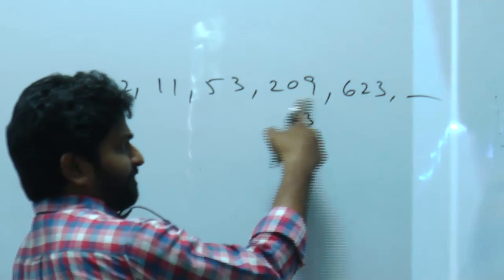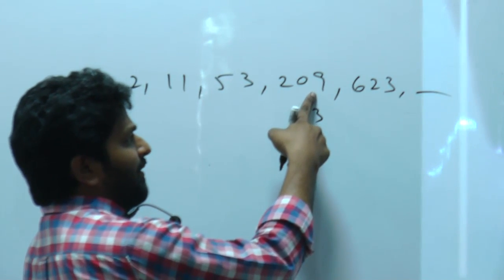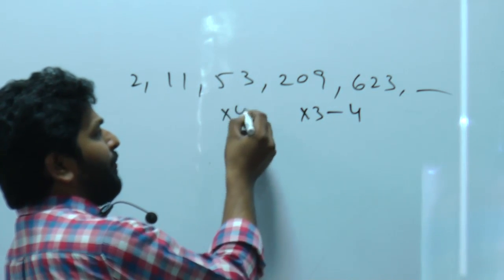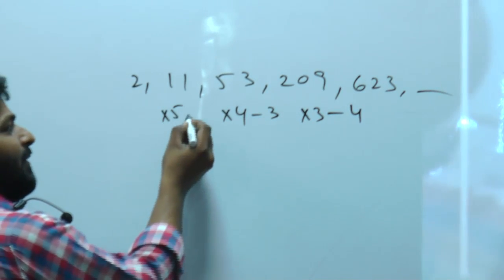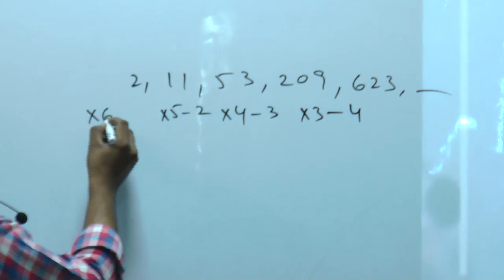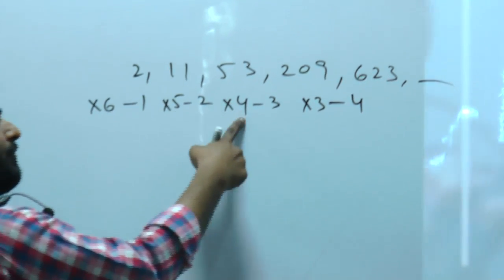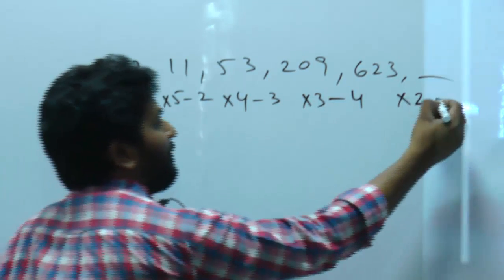Into 3. Into 3 minus 4, into 4 minus 3, into 5 minus 2, into 6 minus 1, into 5, into 6. 5, 4, 3, 2, 1, 2, 3, 4, 5.